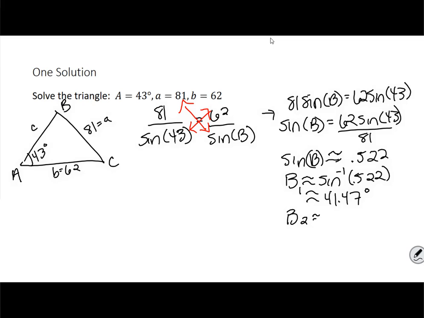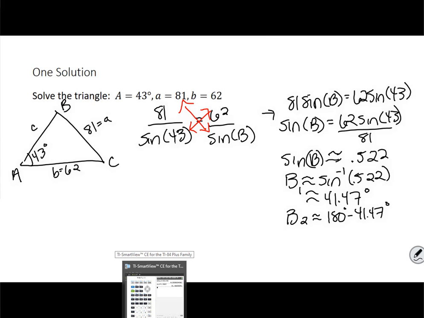B2 is going to be 180 minus 41.47. And that comes from, I've given you a couple of charts that'll have some of those relationships. You start with the quadrant 1 angle. I believe this was in the last chapter. You have a table of how to find the other quadrantal angles. Okay? And here is where we will see that we only have one triangle.